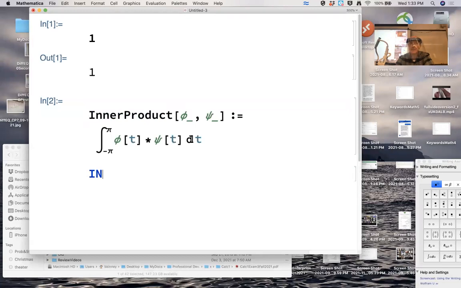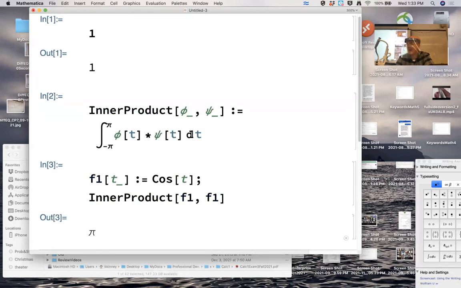And now I can use this to compute, for example, the inner product of cosine of t with itself. And the square root of that would be the norm, the magnitude of the cosine function. It would be square root of pi.